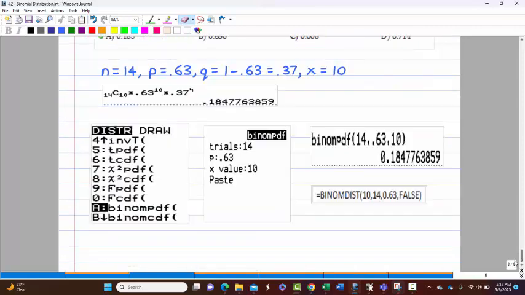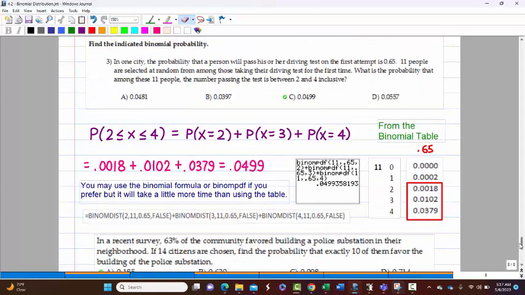Okay, I've got the calculator and the Excel there for this one. This one's not as good in Excel because you can't really use the cumulative in either one of them. I'll just mention this real quick. I don't think I'd ask this on a test, but between 2 and 4. Between 2 and 4 is not the same thing as just less than or equal to 4. It's 2 plus 3 plus 4.